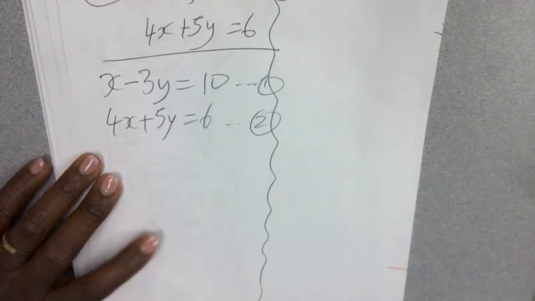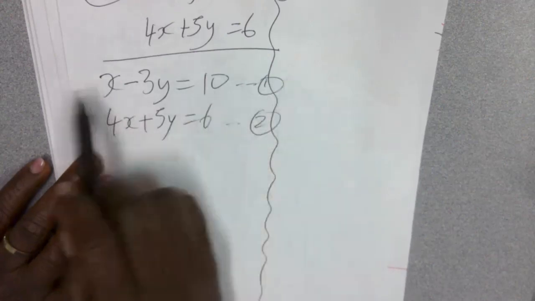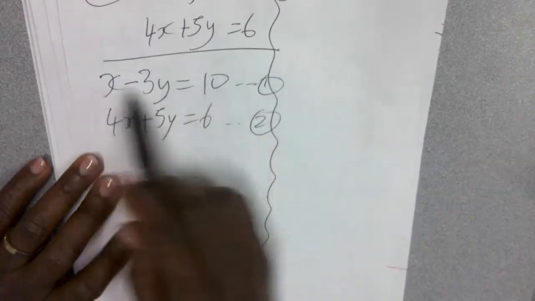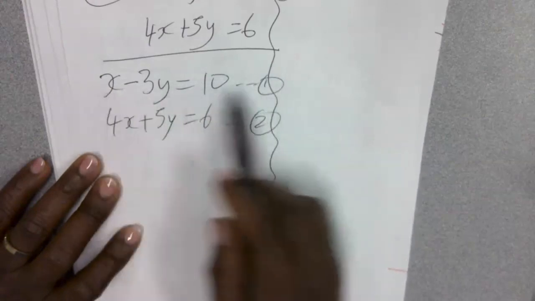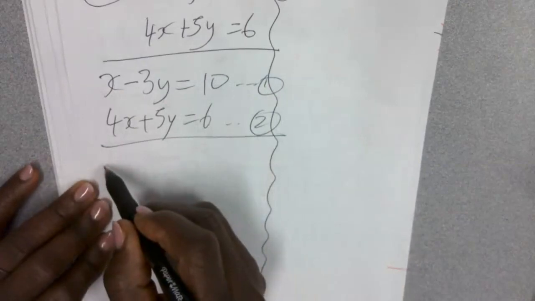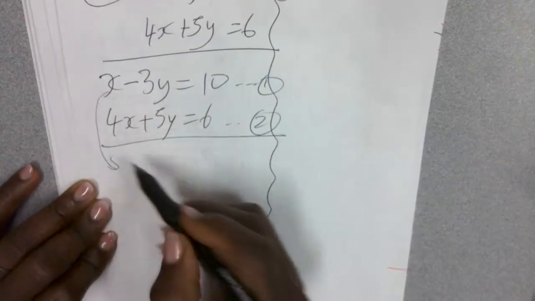And then I'm going to ask myself, which one is easier to eliminate? It doesn't matter to me. I can just multiply equation 1 by negative 4. Do you agree? Multiply equation 1 by negative 4, this one right here.